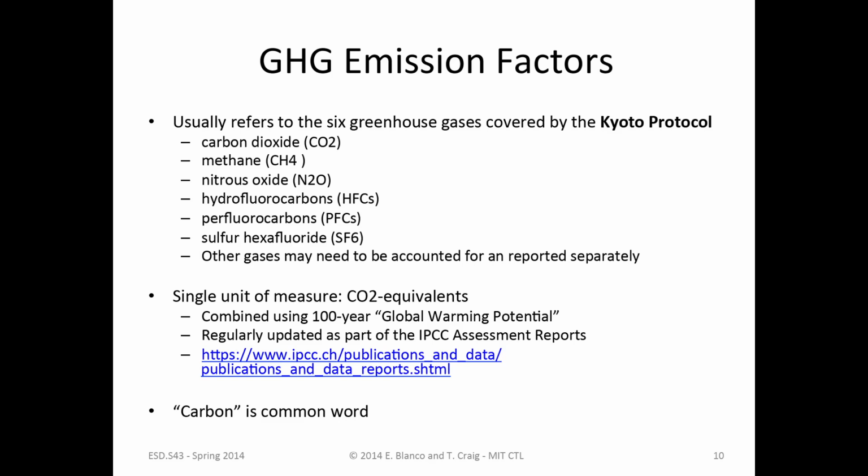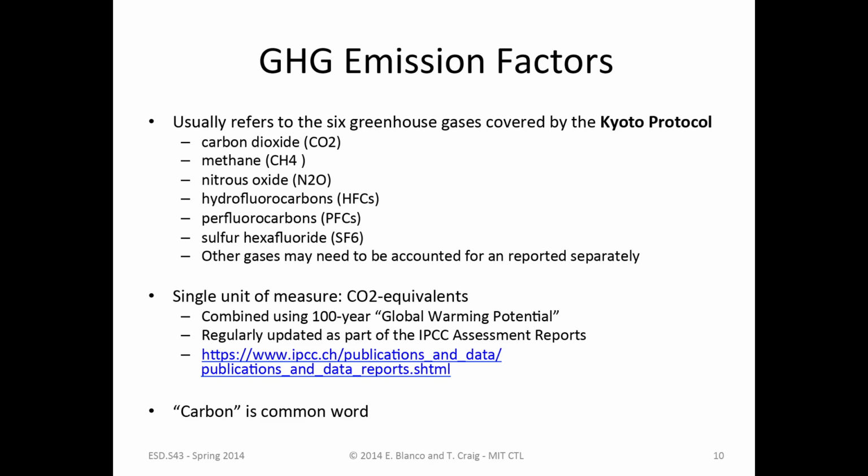Our emissions factors are usually represented in a single unit, carbon dioxide equivalents. Essentially, different gases contribute to global warming in different amounts based on how much radiative forcing they cause. So every kilogram of methane, say, contributes as much global warming as 34 kilograms of carbon dioxide.